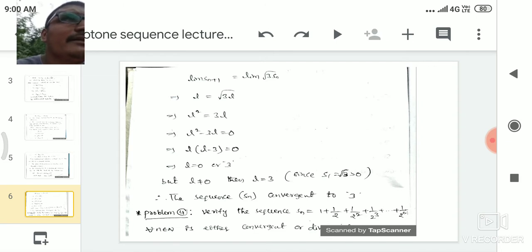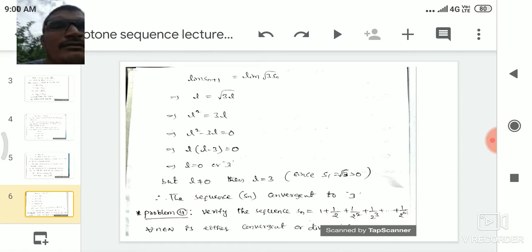Okay, so the terms of the sequence Sn lie in between root 3 to 3 only. Start with root 3 and end with 3. So the end point is called the limit. The ended value is called the limit of the sequence.